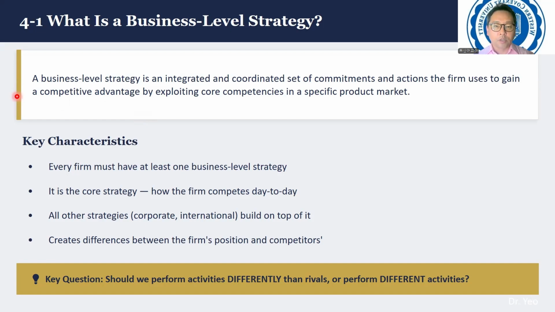Okay? So integrated and coordinated means this is not just a one decision, it's a whole set of consistent choices that work together. Okay? And commitments and actions means it requires real investment and follow through, not just a vision statement.